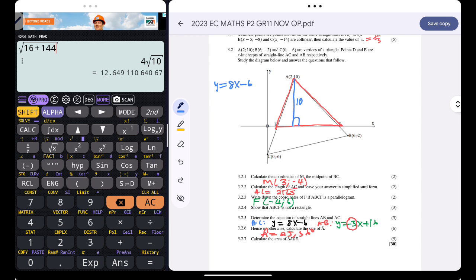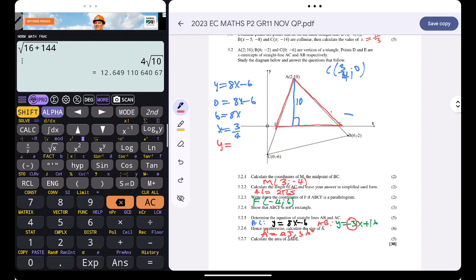For me to find the x-intercept, I know that y is always 0 on the x-axis. I just want to know what is the corresponding x value. So I'll have 6 is equal to 8x, then x will be 6 over 8, which is 3 over 4. So the coordinates of C are 3 over 4 and 0. Now let me find the coordinates of E. Use the same thing.